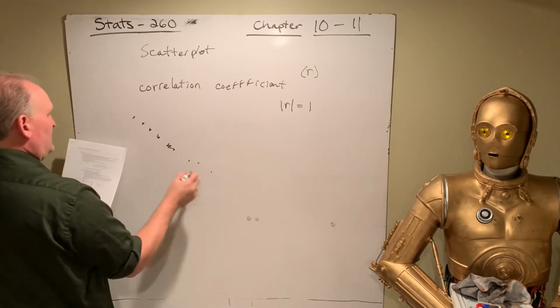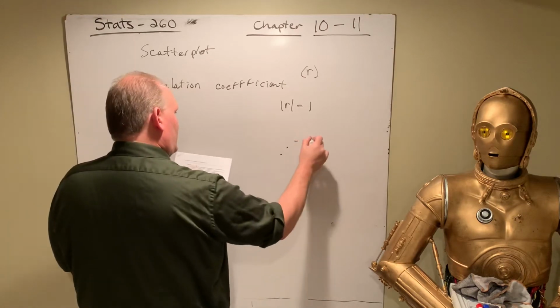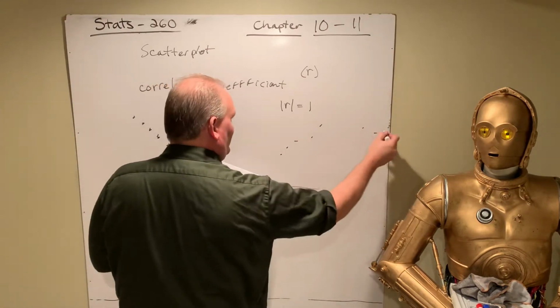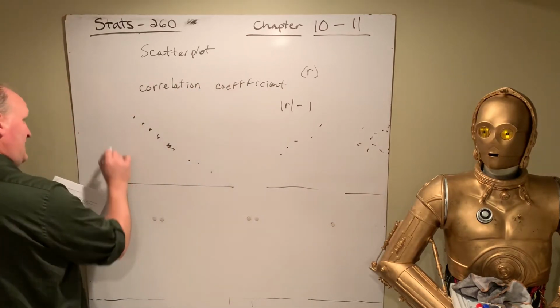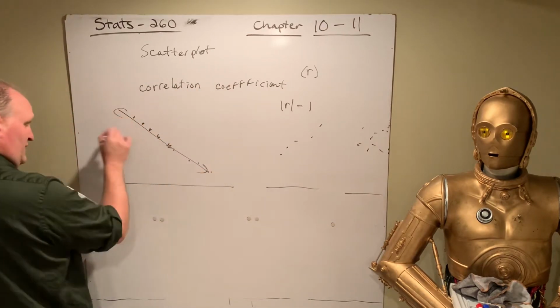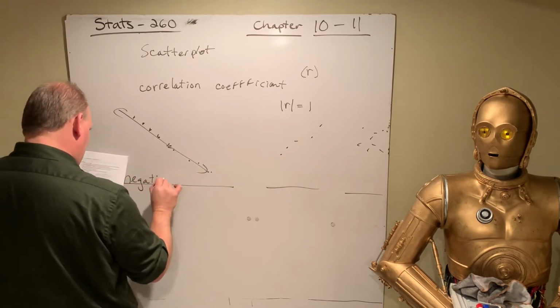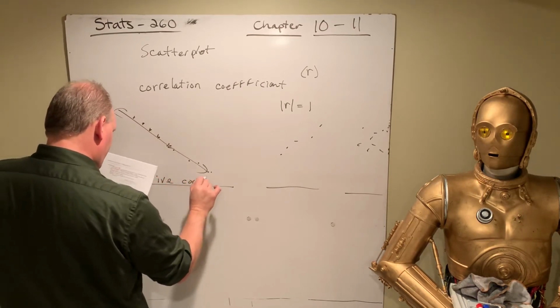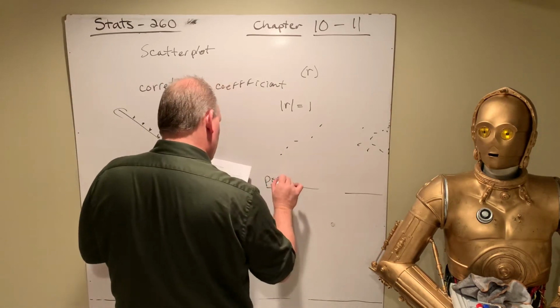We already talked about this in the past, it's just revisiting it. Look, we've got 3 scatter plots. One goes this way, one goes that way, and one just goes all over. This one has a negative correlation. Looking from left to right, it's going down, so it has a negative slope and a negative correlation. This one has a positive correlation.